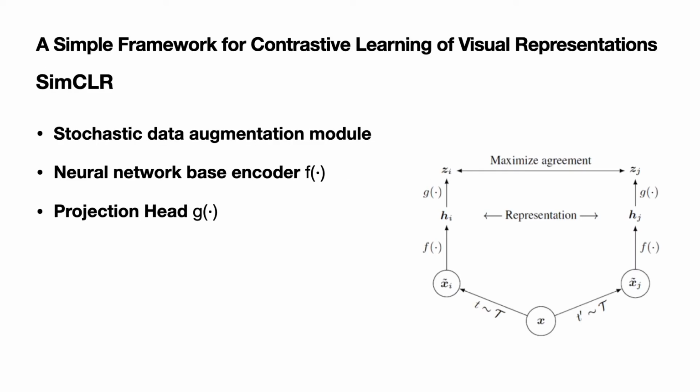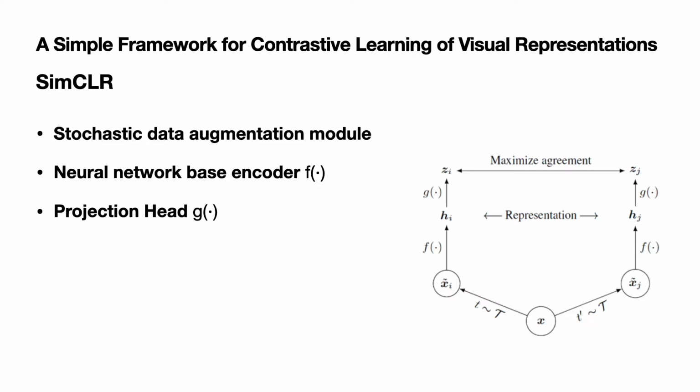The first paper is about a simple framework for contrastive learning of visual representations, also known as SimCLR. A stochastic data augmentation module that randomly transforms any given image example generates two correlated variations of the same example, which are considered a positive pair.